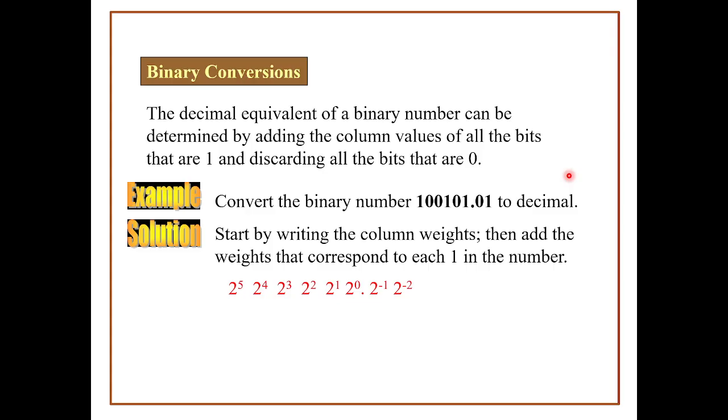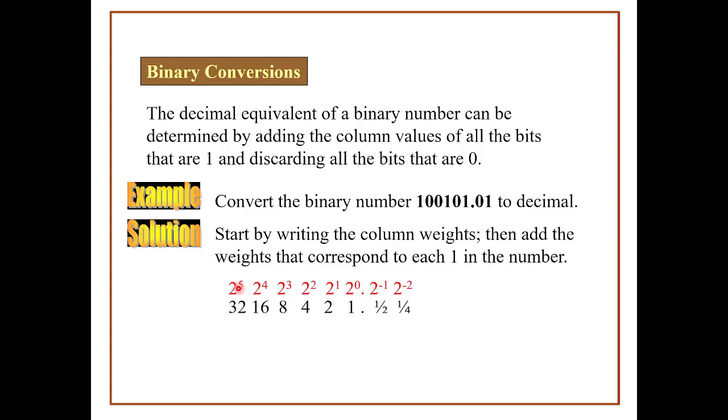So start by writing the column weights, then add the weights that correspond to each 1 in the number. Okay, so let's arrange this one. So we have over here 2 to the power 0, 2 to the power 1, 2 to the power 2, 2 to the power 3, 2 to the power 4, 2 to the power 5. I already arranged it here.